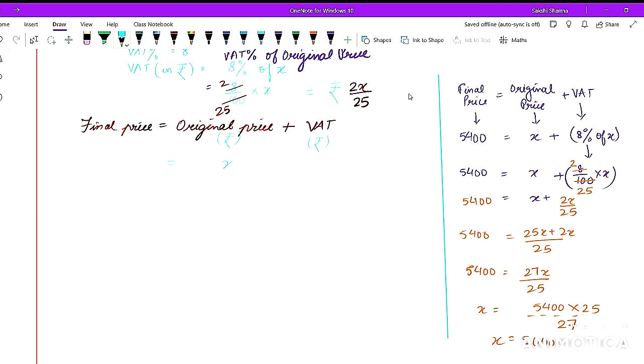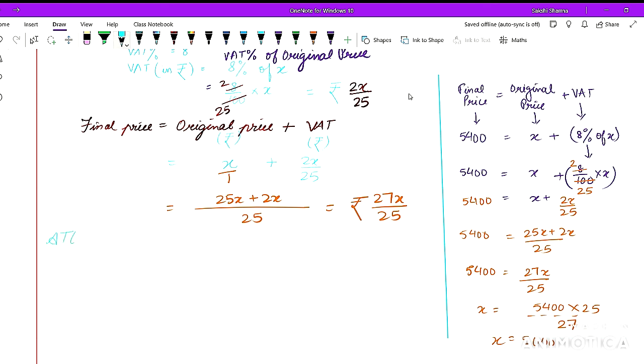So I'm taking the original price as X. VAT in rupees is 2x by 25. Taking the LCM at this step, the final price is 27x by 25 rupees.